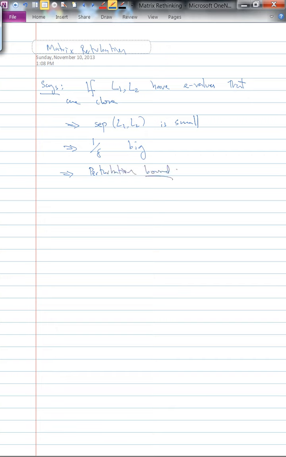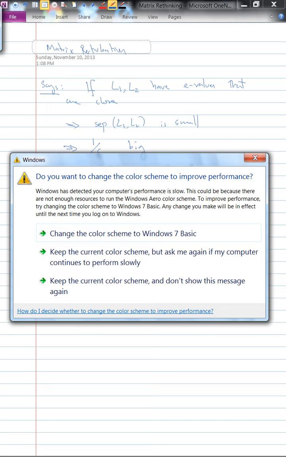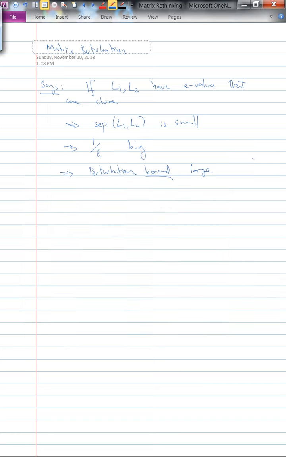And that doesn't mean that a particular perturbation wouldn't result in just a very small movement. But the best we can get by these bounds is something that big. So this is a kind of necessary condition: in order for these bounds to be useful, we need the eigenvalues of L1 and L2 to be far apart. But that's not enough for non-Hermitian matrices.